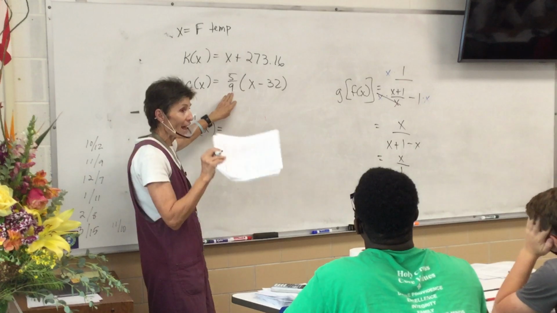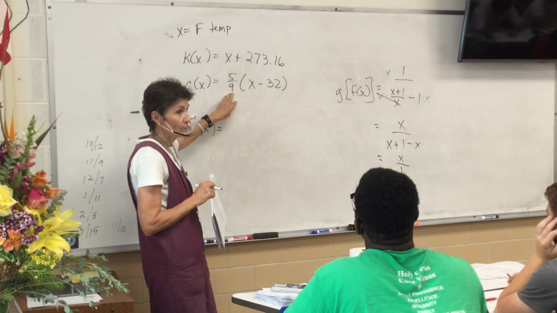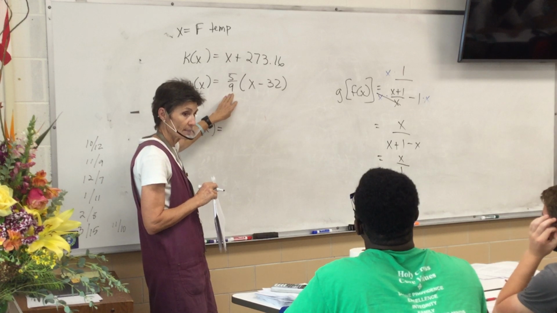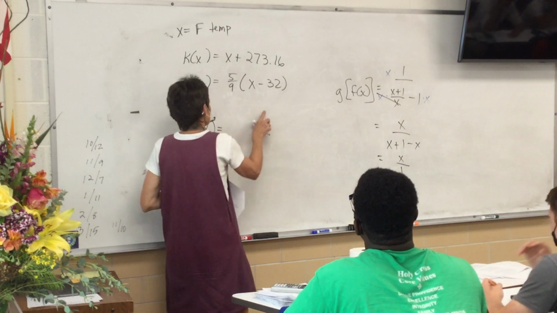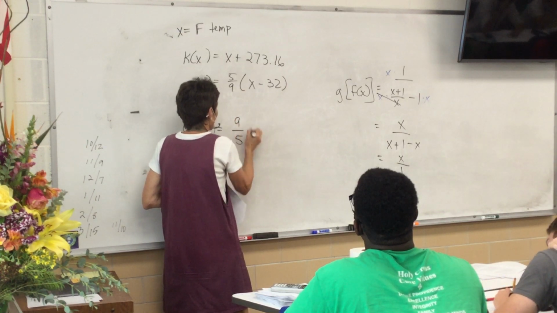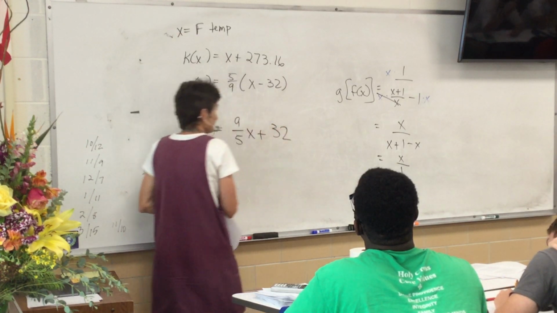So if we went backwards, we would multiply by 9/5 and then add 32. So intuitively, I'm thinking this is the answer.